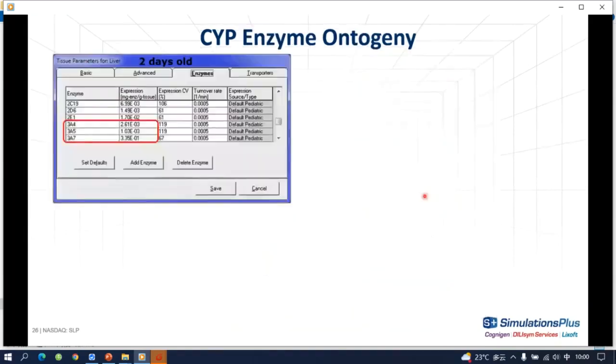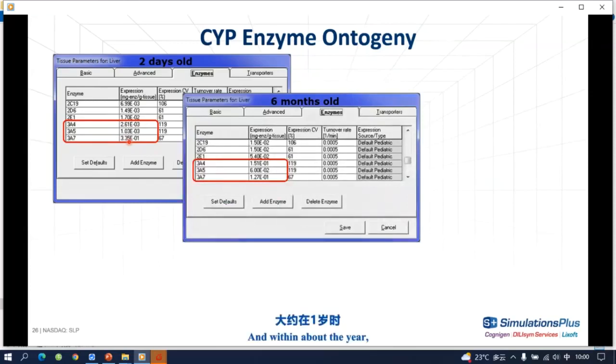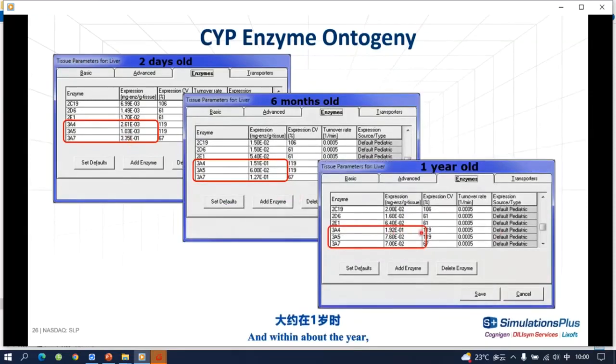And of course, also including that well-known switch for the 3A enzymes, where in the neonates, it is mainly the 3A7 form that is responsible for the metabolism of the compounds. And within about a year, the CYP3A4 becomes the dominant, and CYP3A7 is the less prevalent enzyme.